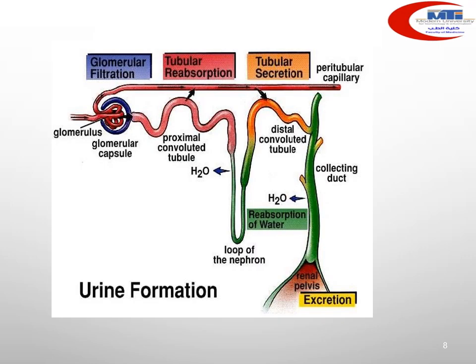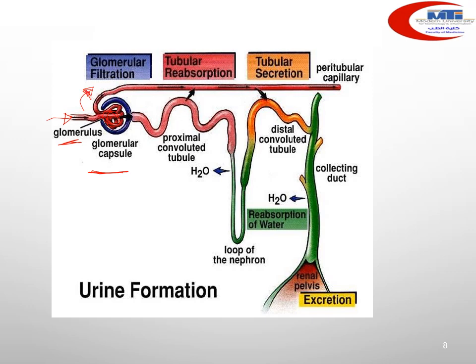Here again, this is the glomerular corpuscle. It contains the glomerulus. The glomerulus is formed of blood vessels. The blood vessel here, as you can see, enters in this area, and then divides, forming lots of capillaries, and then they exit from this part.